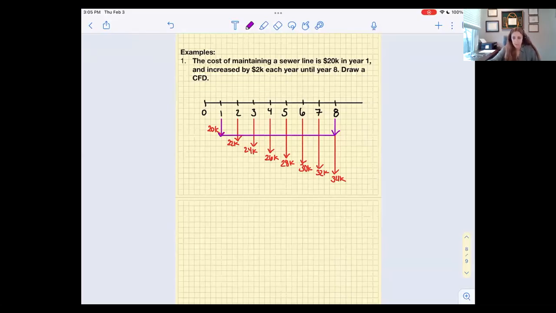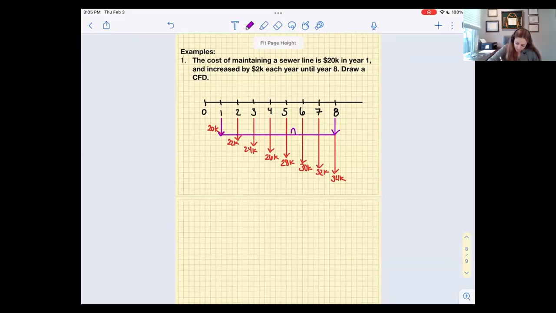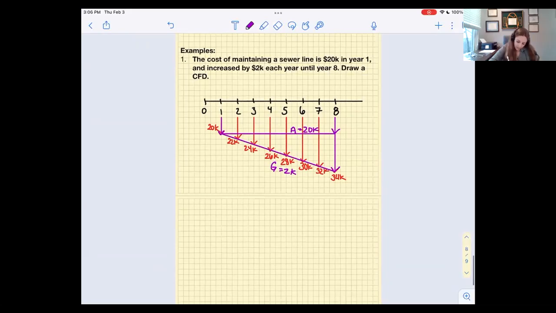So you could say basically that base is some annuity worth $20,000, and then I have a gradient which has a slope of 2,000. So you could have drawn it like that. And then perhaps maybe only label the first one and the last one. Okay, that would be acceptable so that you don't have to draw each arrow.